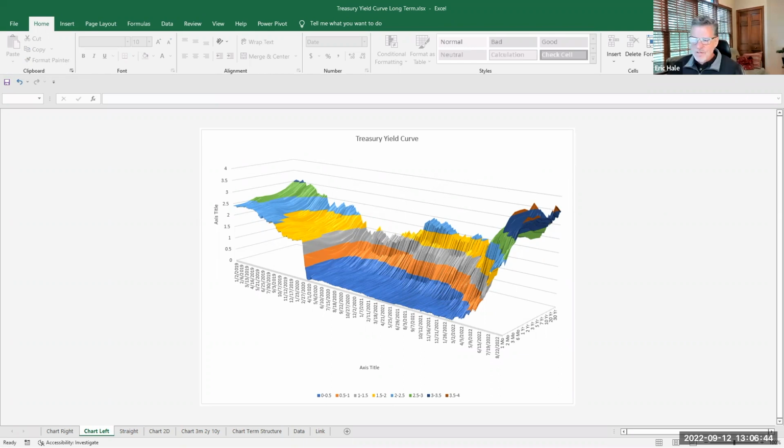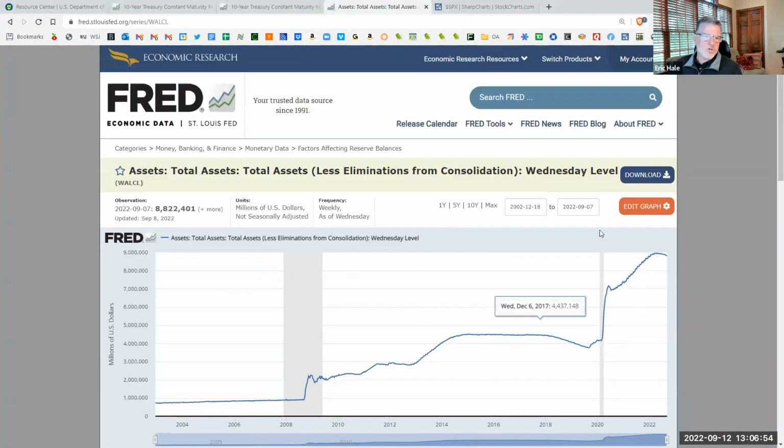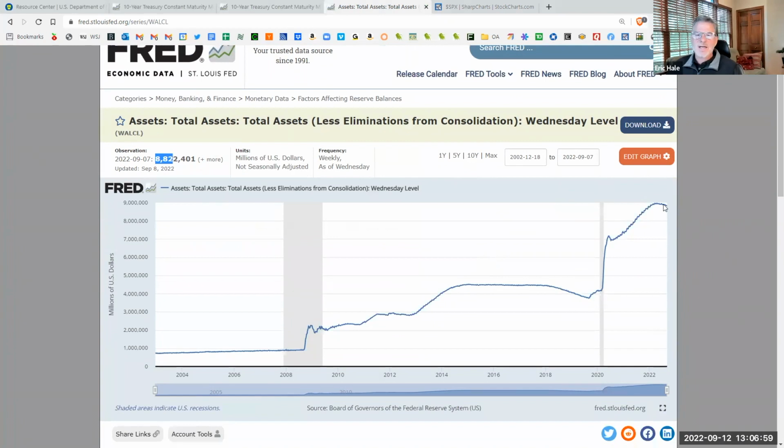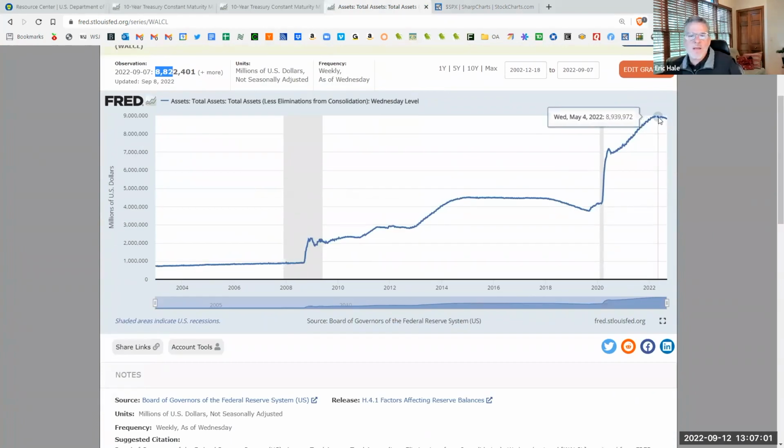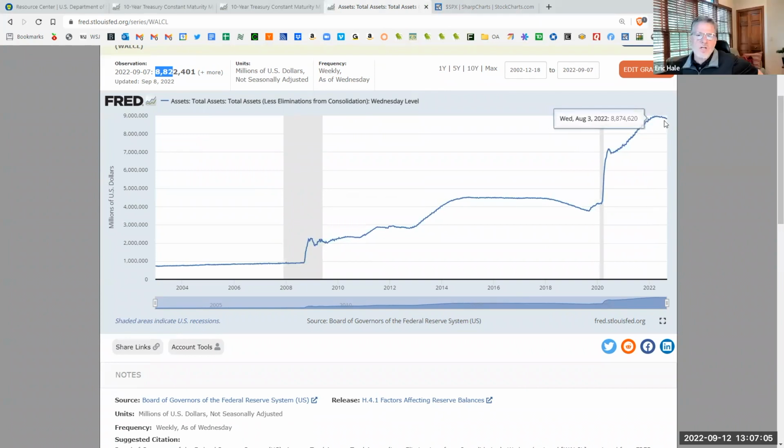The Federal Reserve balance sheet, and I'm not passing any sort of judgment here, is this good or is this bad? It's just an is thing. The Federal Reserve happens to have $9 trillion. Well, it's 8.8 trillion today. Let's call it 9. What's a few hundred billion, right? We're 9-ish and we're starting to roll off.